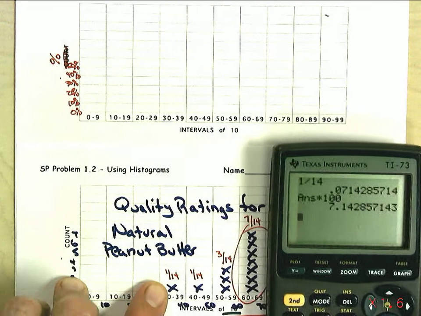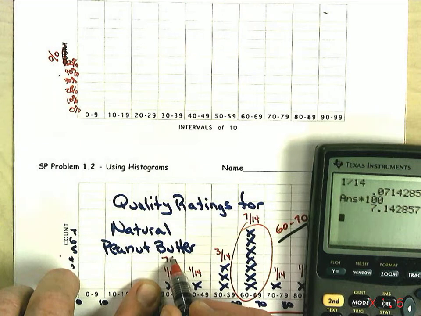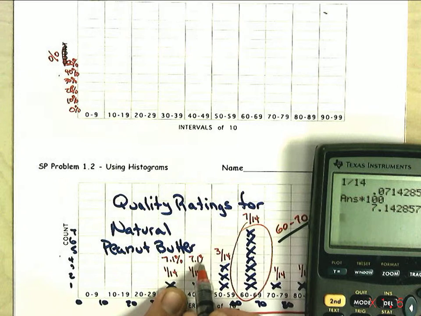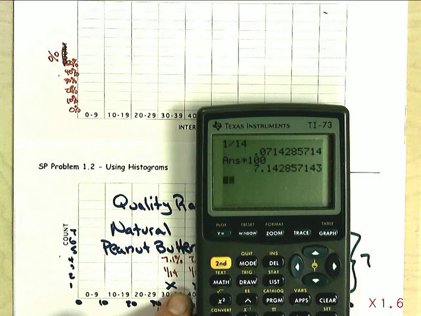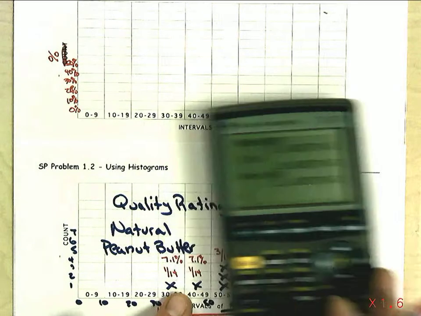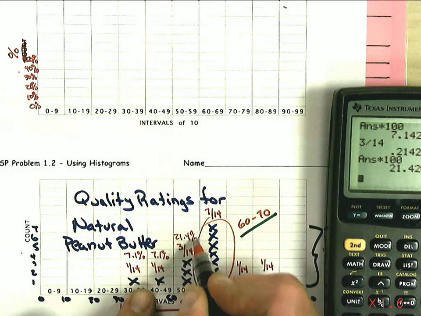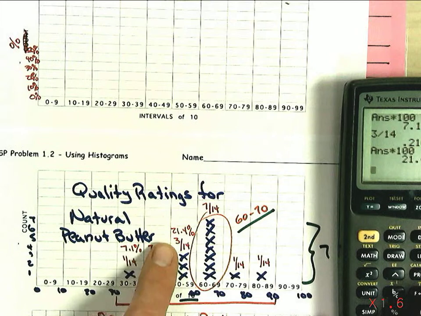So these here represent 7.1%, and there's another one there, 7.1%. And so 3/14, 3 divided by 14, times 100 will give me 21.4%. So again, all I'm doing is changing these from counts to percents, percent of the whole data.